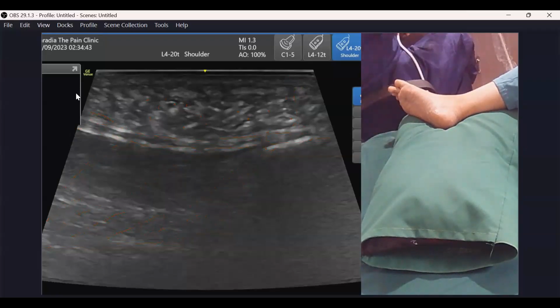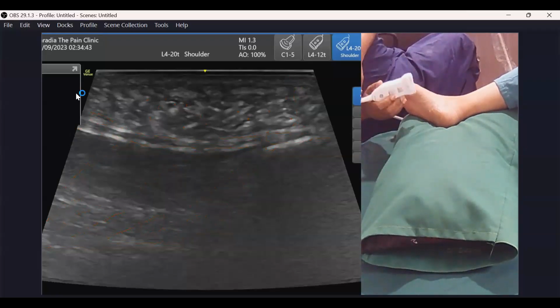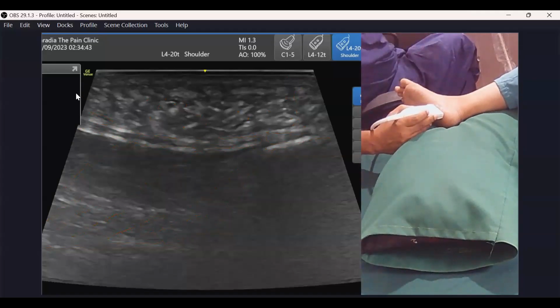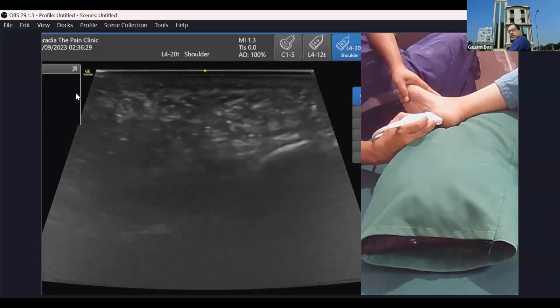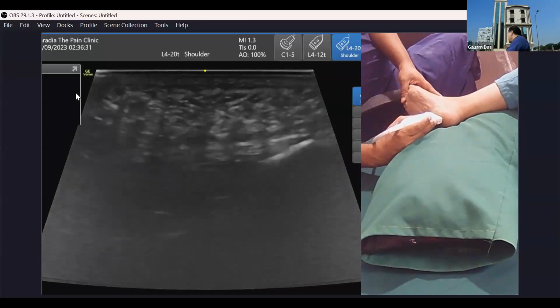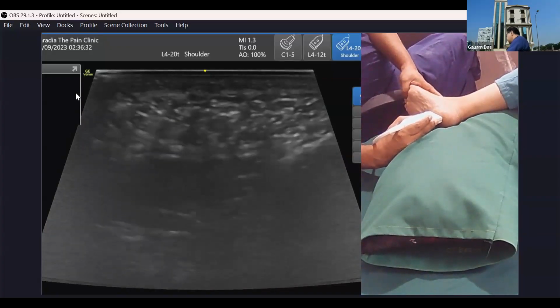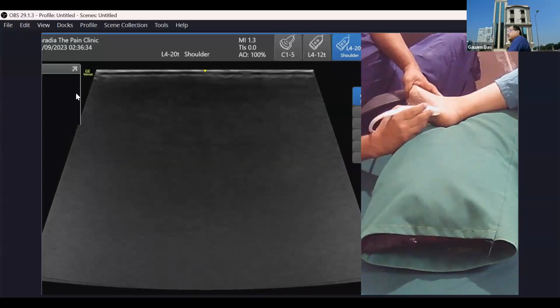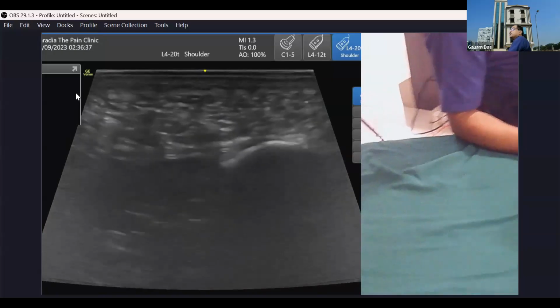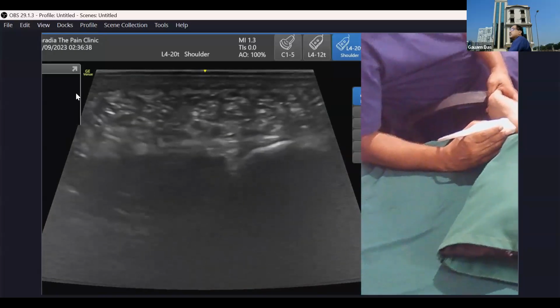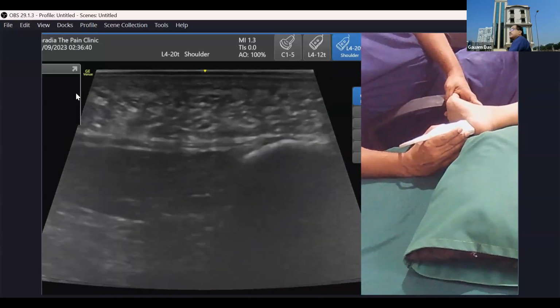Yes, sir. Okay, so let me show you again. I hope everybody can see how I am holding the probe. Let me give you a closer view. Here was my calcaneum, and there are 2 distinct layers of muscles. I'm focusing on the plantar fascia.